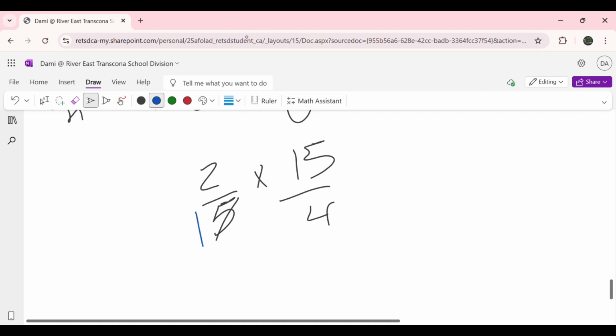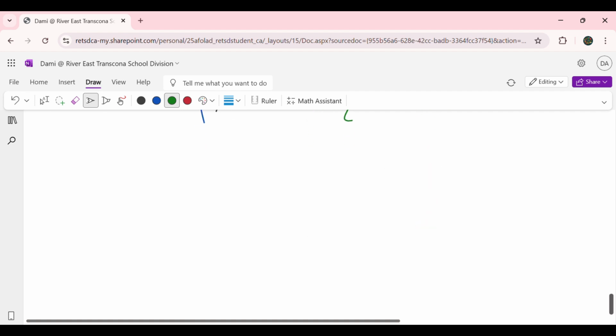We can see this can be cancelled into 1. This can be cancelled into 3. This can be cancelled into 1. I'm going to use a different color for that. Because this can be cancelled into 1, this can be cancelled into 2, so your answer is 3/2.